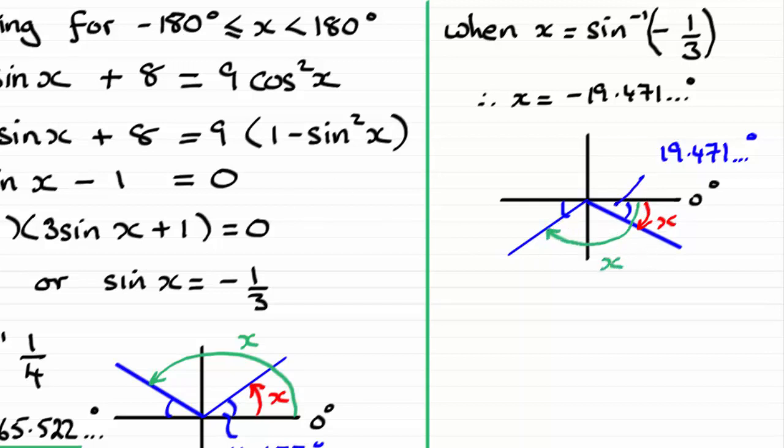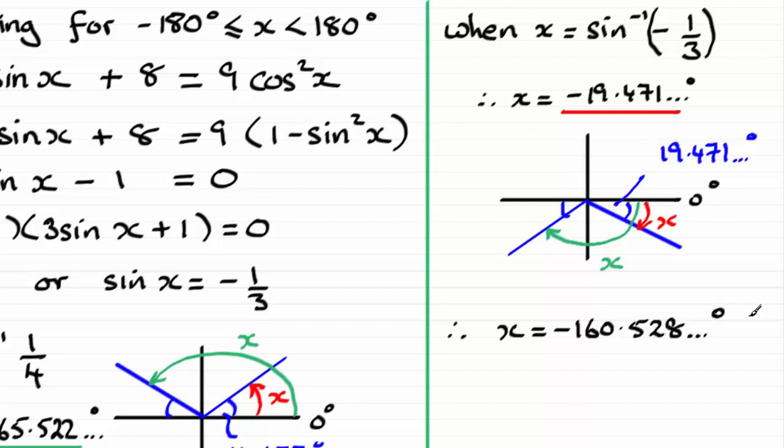So we've got the first angle, which is that red one, minus 19.471, and to get the green one, all I've got to do is just from minus 180 degrees, back off 19.471 degrees. And if you do that, you'll also get x equaling minus 160.528 and so on degrees.